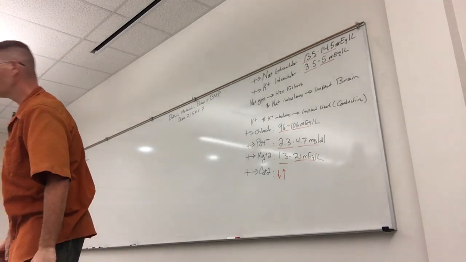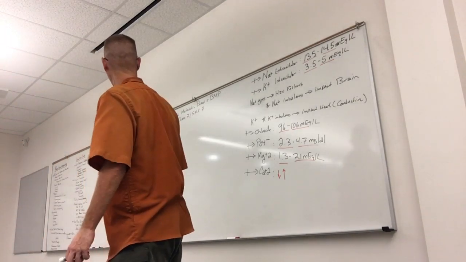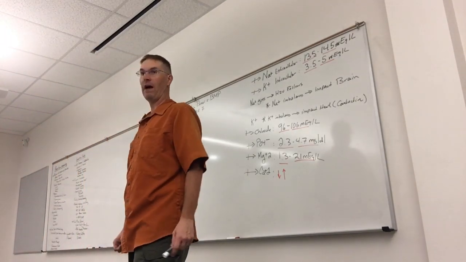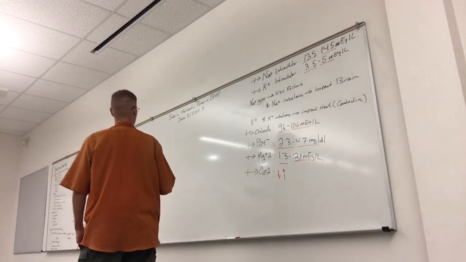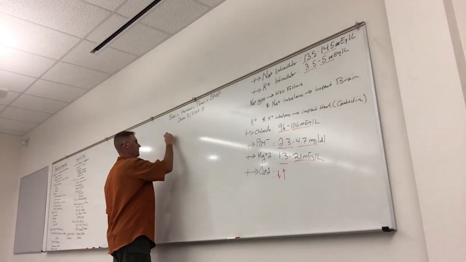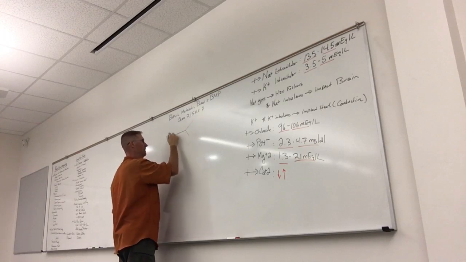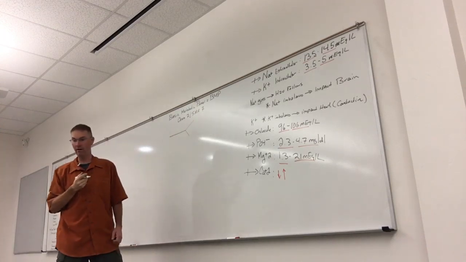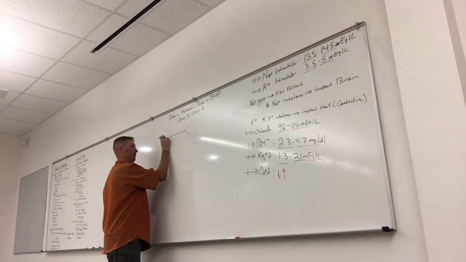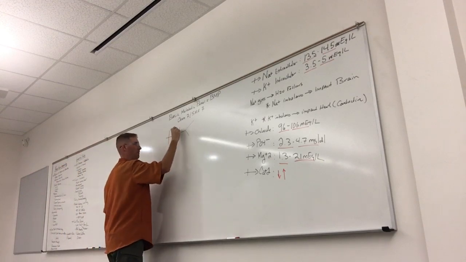So as the name suggests, it looks at 7 different values, right? And those 7 values, this is called a fishbone that I'm doing here. This is just a shorthand way of documenting the basic metabolic panel.